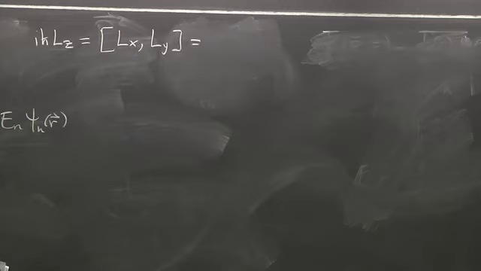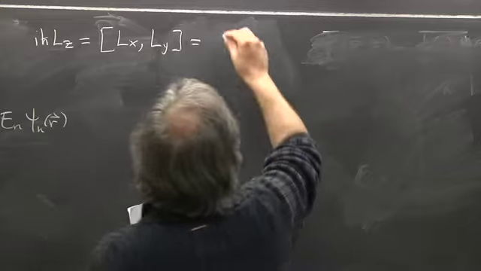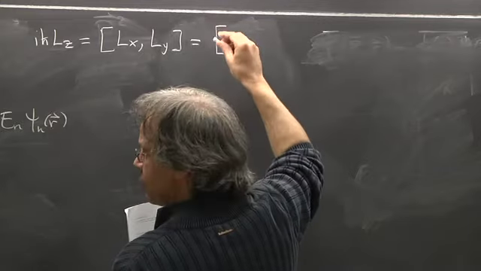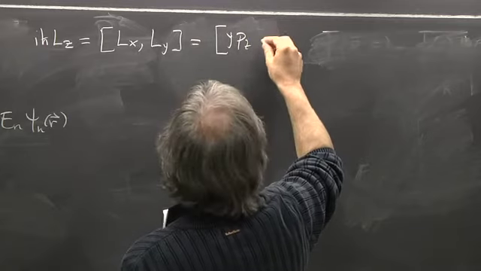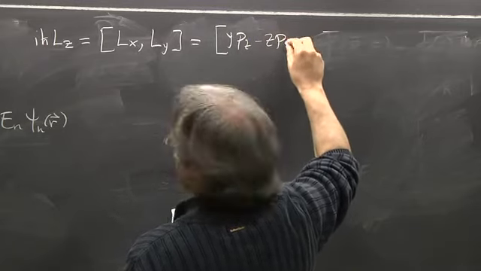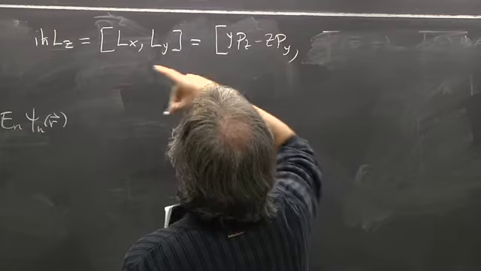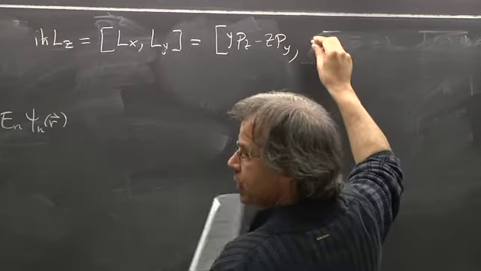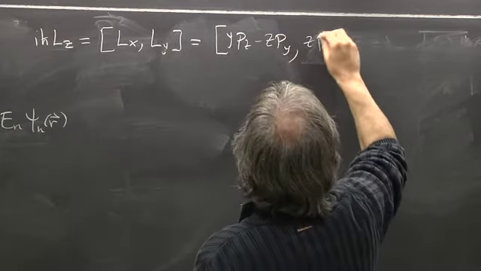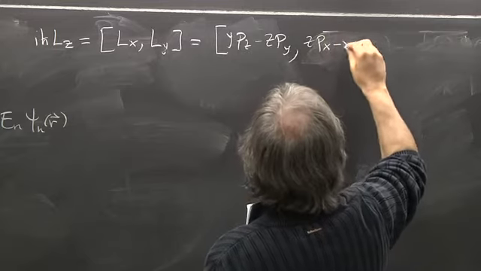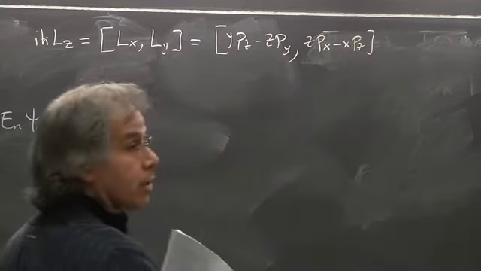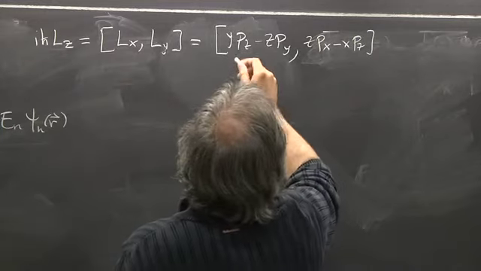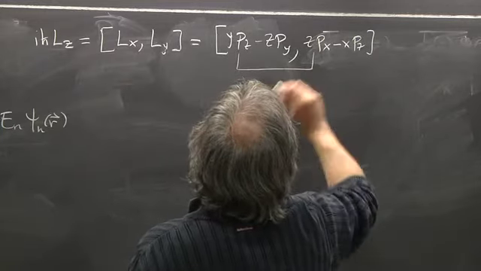Okay? And the calculation is very simple. You have to kind of get used to doing these things. So you just put here Lx, then you put Ly to be z px minus x pz, okay? And then you have four terms, for instance, this with that, okay?